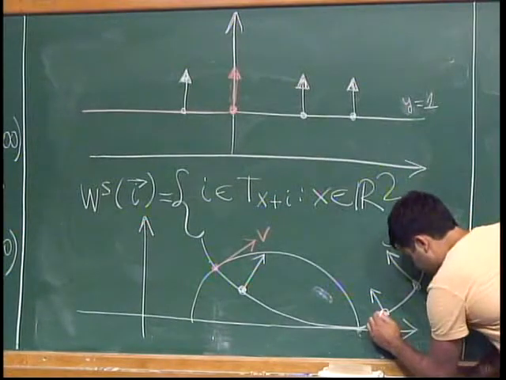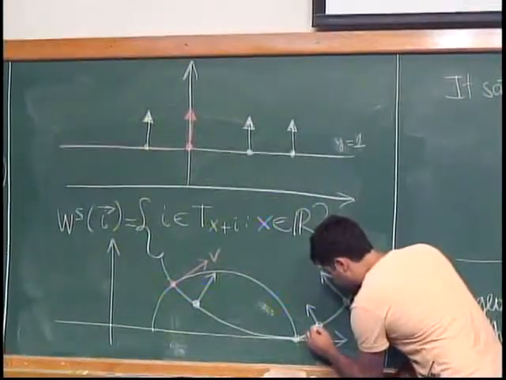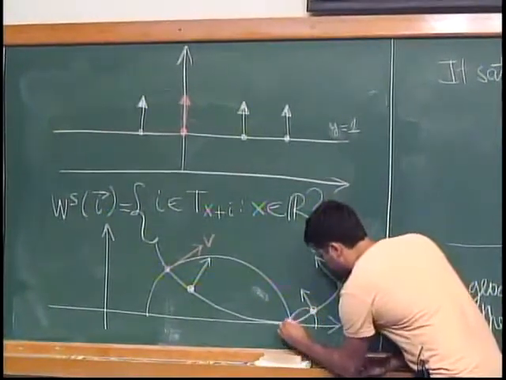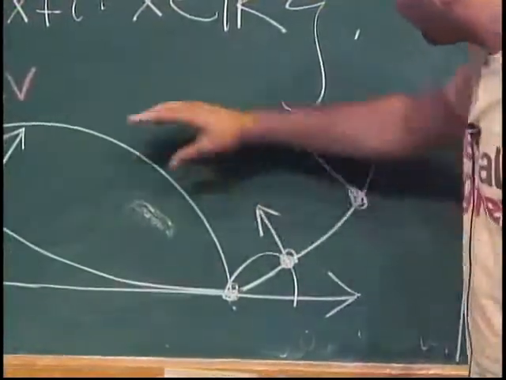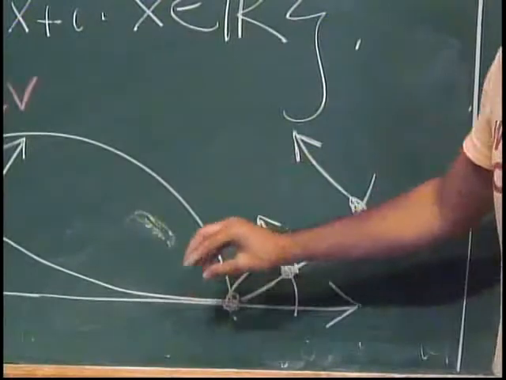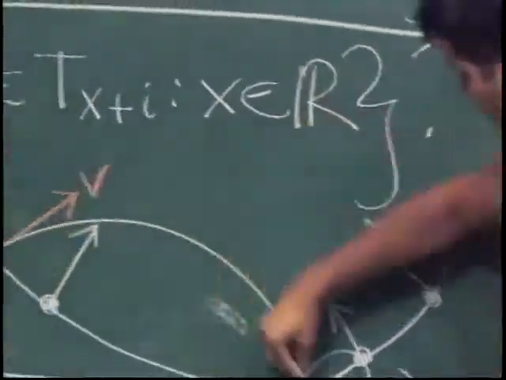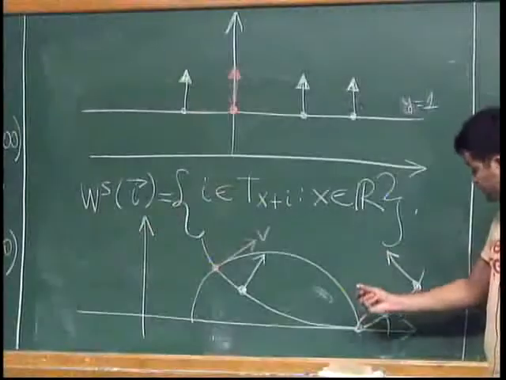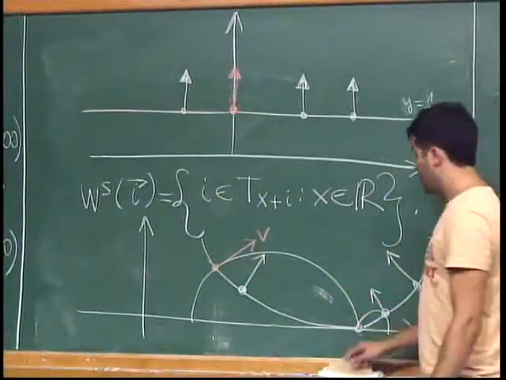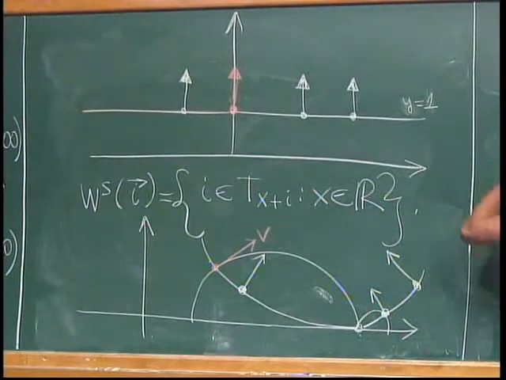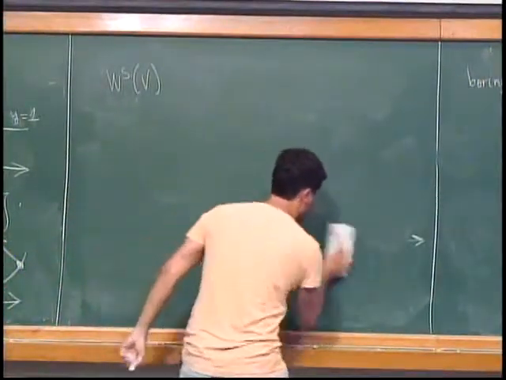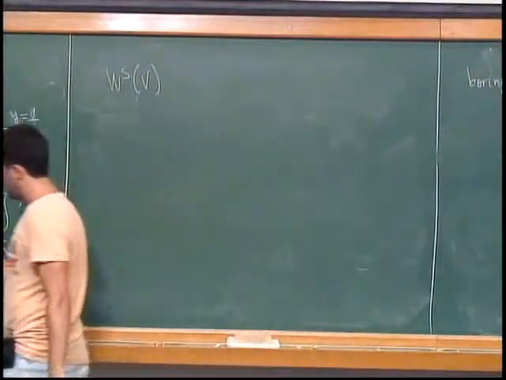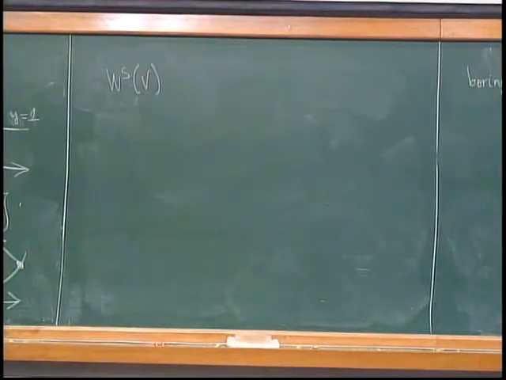You can actually see that by Euclidean properties, if you consider the geodesic that passes through this guy, the geodesic is going to die here. Okay? And actually they go to this point with the same rate. I mean, they really approximate each other. This guy and this guy, if you apply the geodesic flow, they all converge here, and the distance between them is going to decrease to 0. So the conclusion is that stable sets are of two kinds. It depends whether the vector is vertical pointing upwards or not.